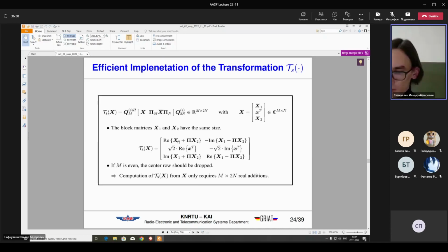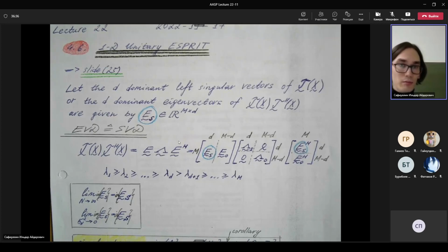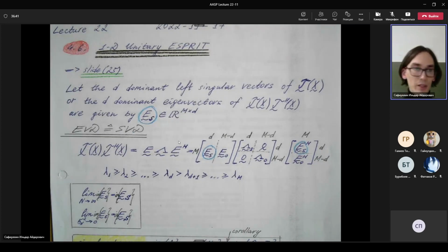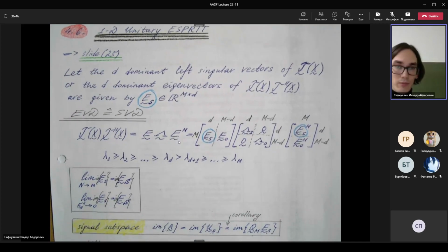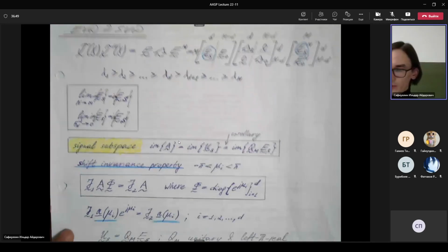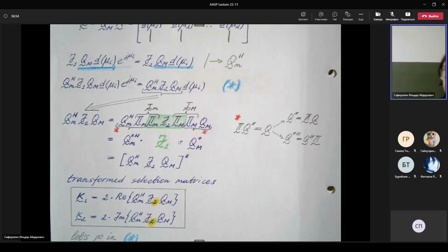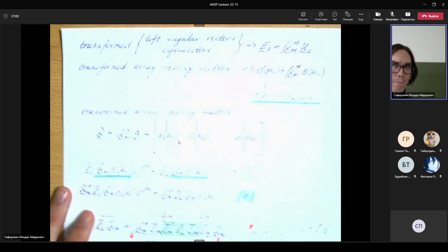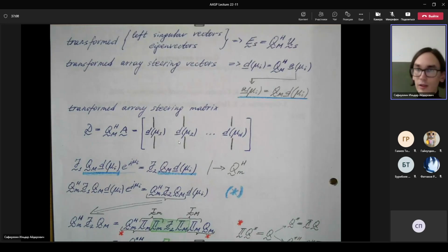So then we say that we have these eigenvectors E sub s, and this can be calculated using EVD or SVD. And the main thing here for 1D Unitary ESPRIT is that, instead of array steering vectors and array steering matrices, we use transformed vectors and matrices. Here you can see how we do this.